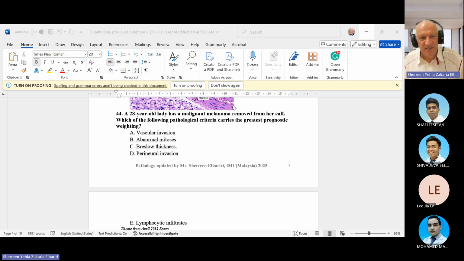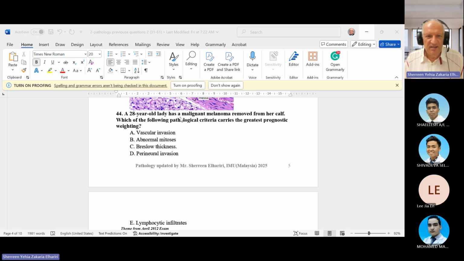But Clark is a level: if it affects down to the subcutaneous tissue, we call it level 5. If it is superficial, it is level 1. So Clark level 1, 2, 3, 4, 5. But thickness is 0.7 to 3.5 millimeter, so it is less than half a centimeter. So back to the question.